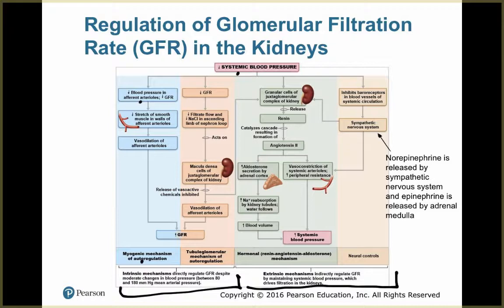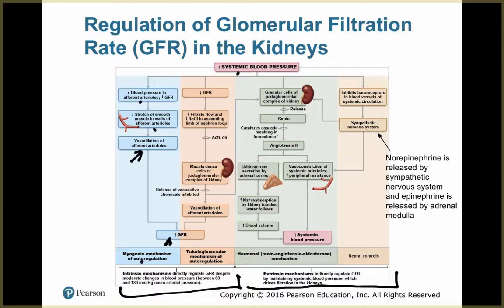There's not as much pressure in there, so you're going to reduce the amount of hydrostatic pressure that you see in that filtrate. It decreases the activation of mechanoreceptors, so you get less stretching of the smooth muscle wall in the arterioles. So vasodilation of the afferent arterioles will happen so that we can get a greater glomerular filtration rate.